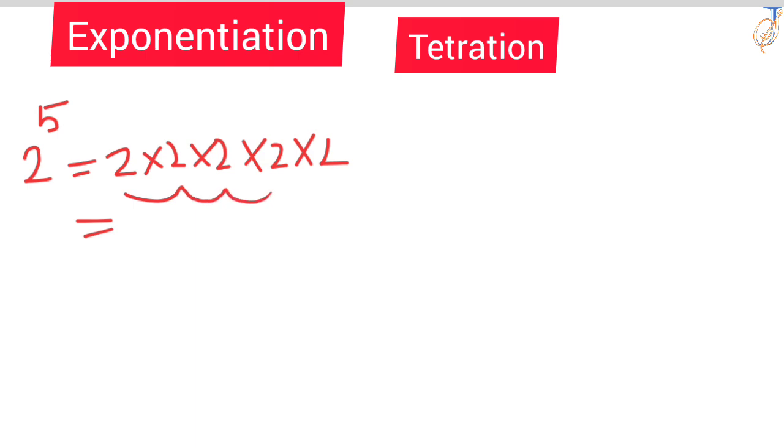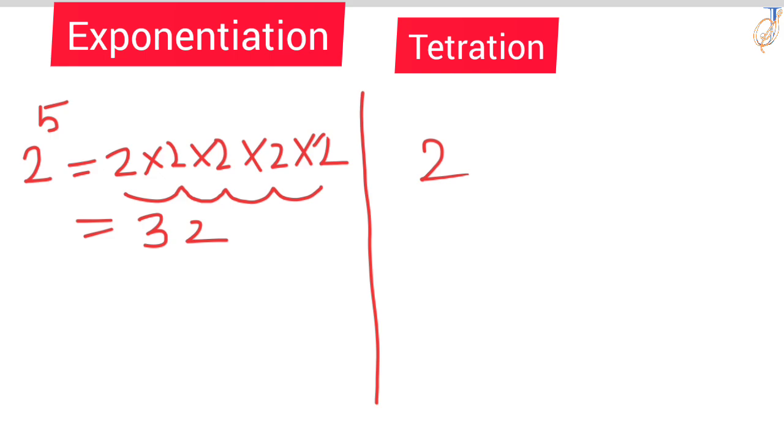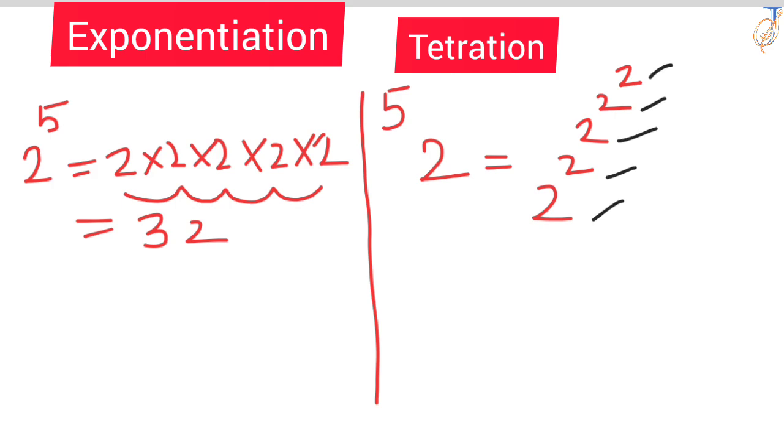Let's check another one. 2 power 5. So 2 times 2 times 2 times 2 times 2, which is 4, 8, 16, 32, which is 32. But in 2 tetrated to 5, this is 2 power 2 power 2 power 2 power 2. 2 you have to write 5 times: 1, 2, 3, 4, 5. You can solve this from top to bottom.